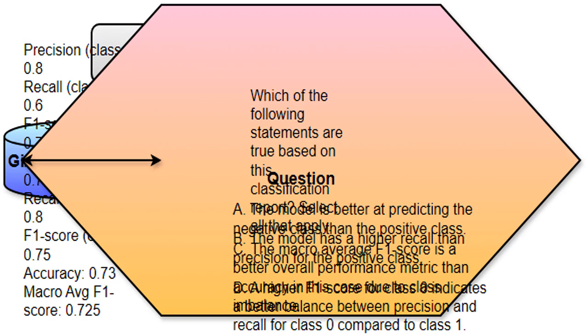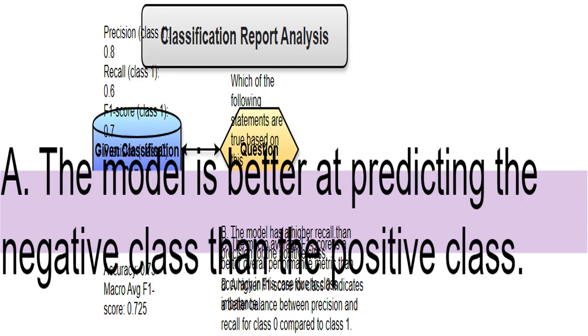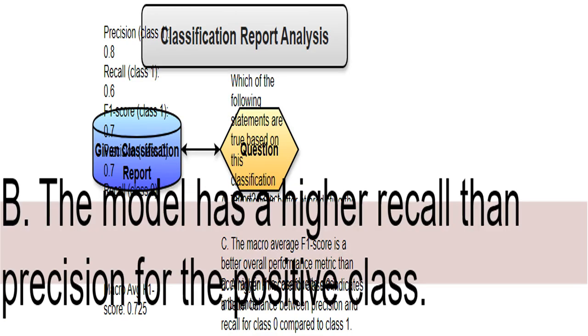This is the core question. I'll analyze each statement using the provided classification report numbers. Interesting. While Class 0 has a slightly higher F1 score, 0.75, than Class 1, 0.7, it's tricky to definitively say it's better. The difference isn't huge, and we don't know the class distribution. A skewed distribution could influence these numbers. Nope. For Class 1, precision, 0.8, is actually higher than recall, 0.6.